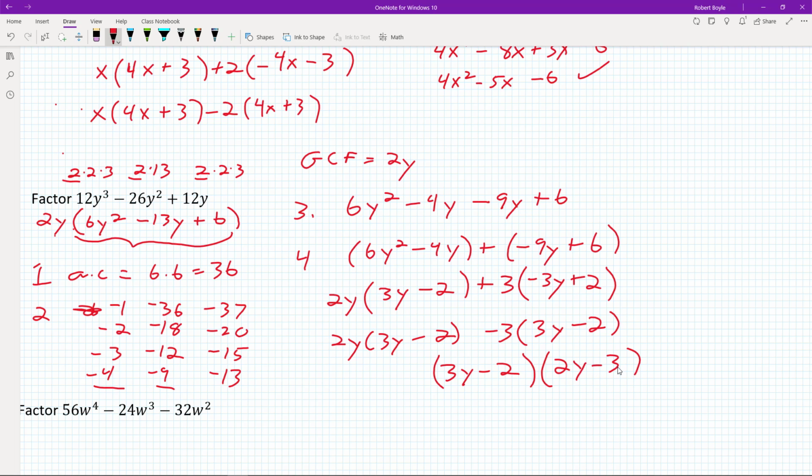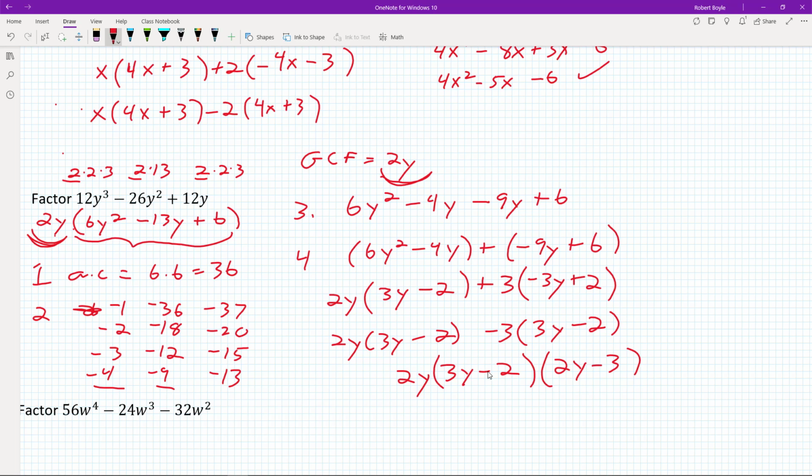Now what here is missing? Well, what's missing is this 2y here, the greatest common factor. We need to also include the greatest common factor, or it's not going to work out right. So we need to add the 2y here. And this is 12y cubed minus 26y squared plus 12y factored.